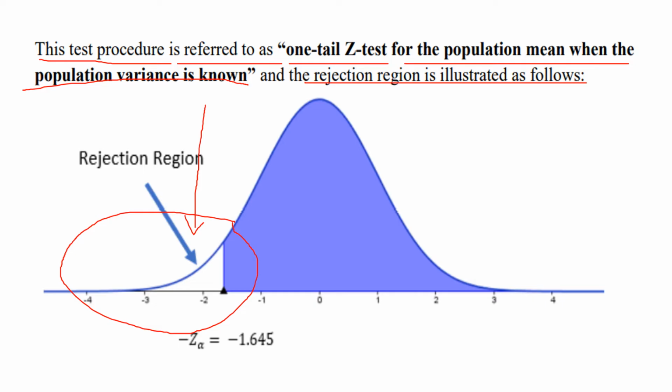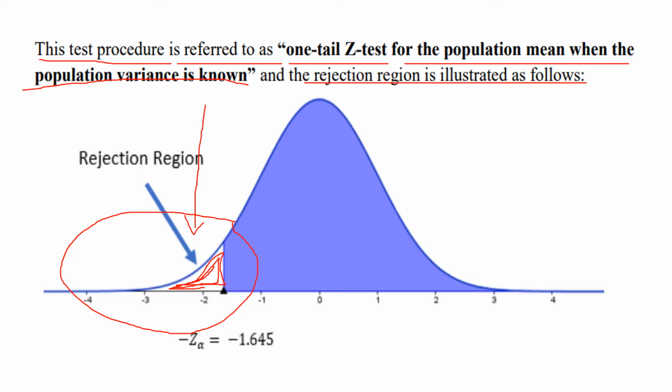There is only one rejection region in this problem, and that will fall on the left side of your normal curve. So this part will be your rejection region.